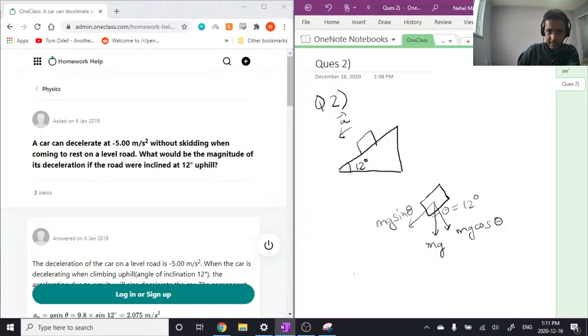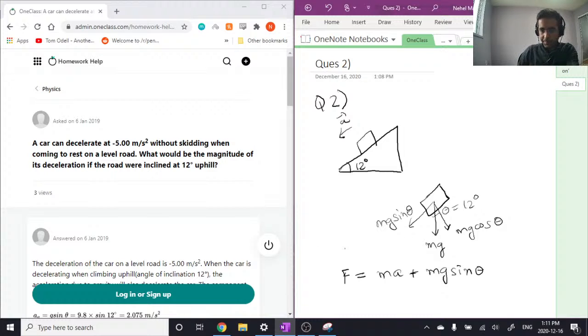So what we can say is our force is equal to the sum of the acceleration term ma plus mg sine of theta. In this case, you can almost look at the mg sine theta as helping us decelerate because we were applying the brake and that was giving us the 5 meters per second square. But on top of that, we got the mg sine theta to help us out here.